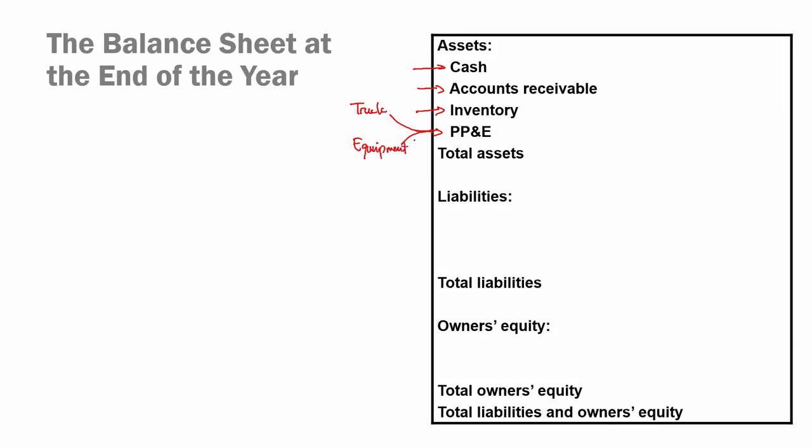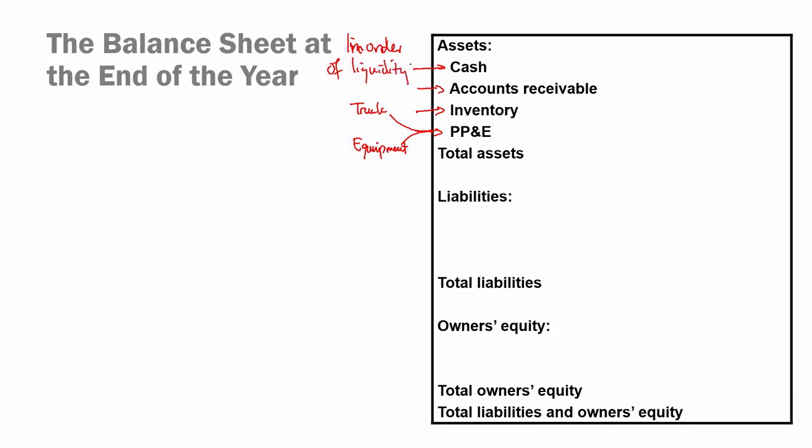And oftentimes companies will combine all of those longer term assets into one account and put them on the balance sheet under a term called PP&E, or property, plant, and equipment. So I've listed all of those accounts, and notice that I've listed them in order of liquidity.